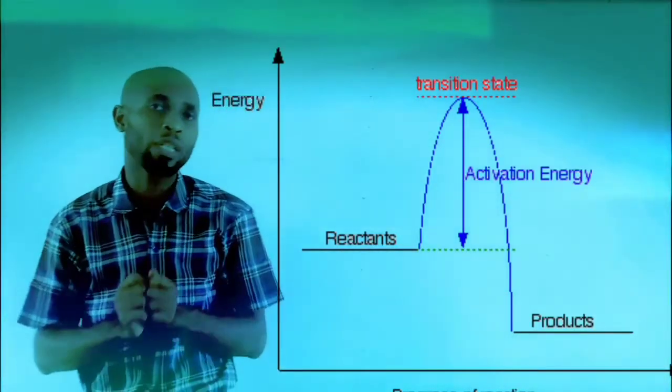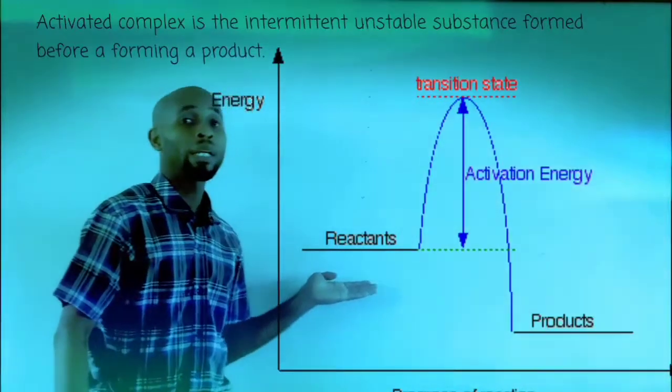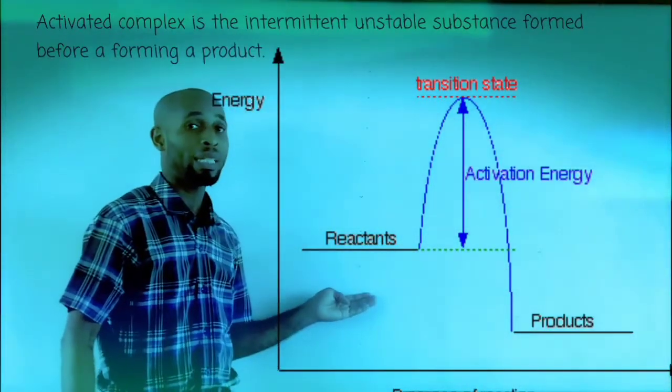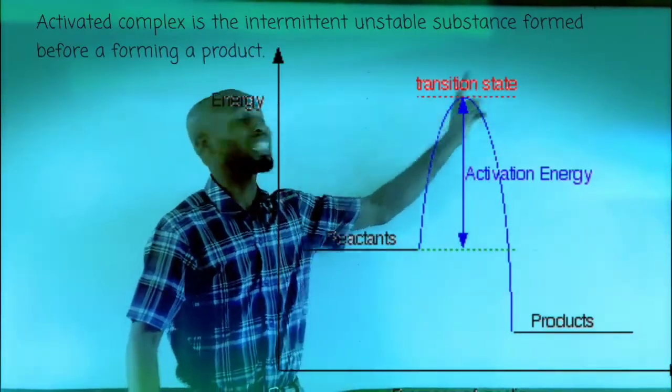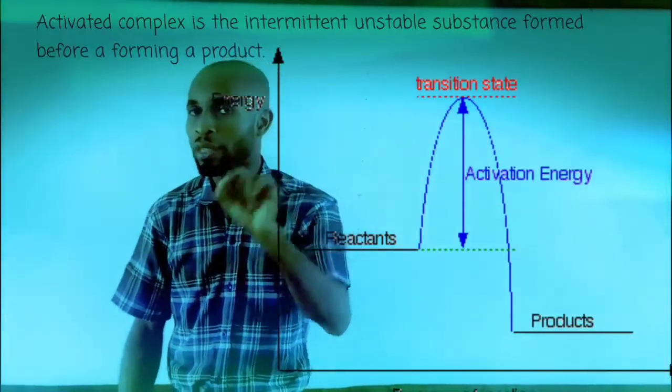We call it the activated complex. It is actually a transition state, as we have the initial state and the final state, where the initial state is the reactant side and the final state is the product side. And we have this activated complex as the transition state.